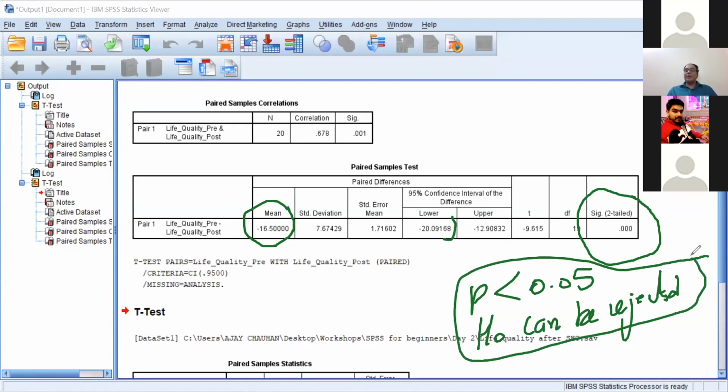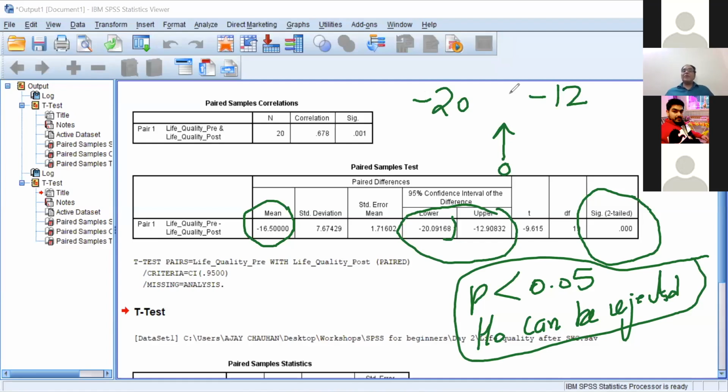And in most of the cases we identify on the basis of p value, but how to interpret this lower and upper value? I want to show you that minus 20 is my lower limit, minus 12 is my upper limit. So can 0 lie in between that? क्या 0 minus 20 और 12 के बीच में आएगा?